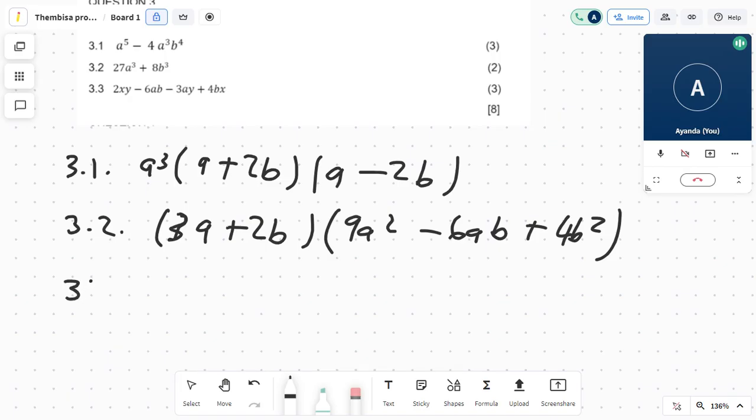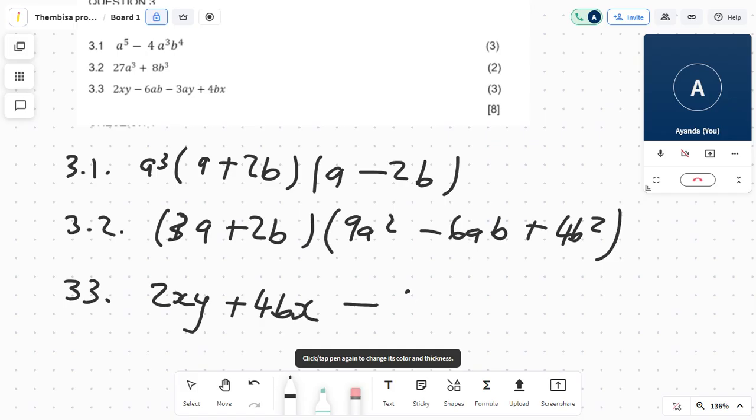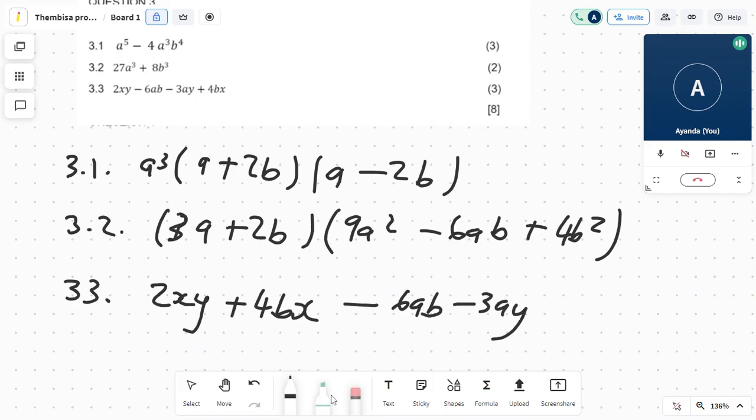And for 3.3, we have 2xy minus 6ab minus 3ay plus 4bx. So first we're going to start off by grouping these terms together. So let's have 2xy and 4bx in a group, minus 6ab and minus 3ay.